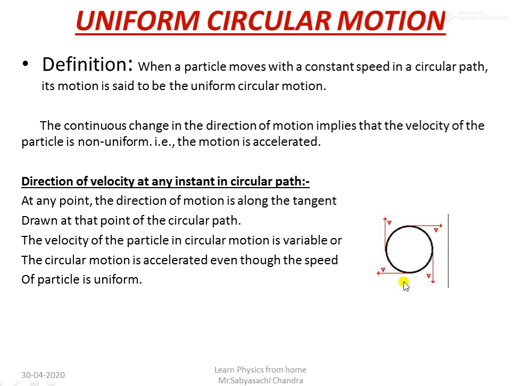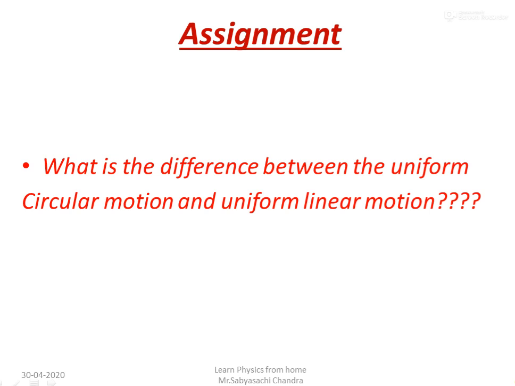How will you find the direction? If you want to find the direction of a particle at a particular point, draw the tangent. Nothing else. Draw the tangent in the direction of movement. It will show you the direction of that particular particle at that point. Okay. I already mentioned in the previous slide that there may come a question.